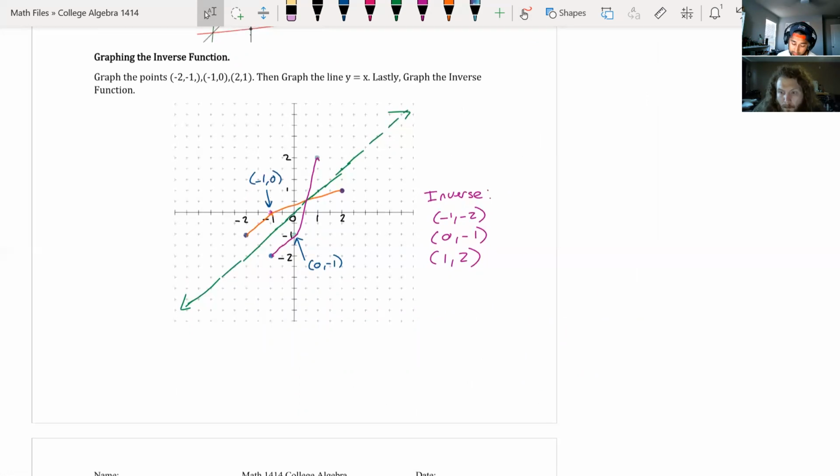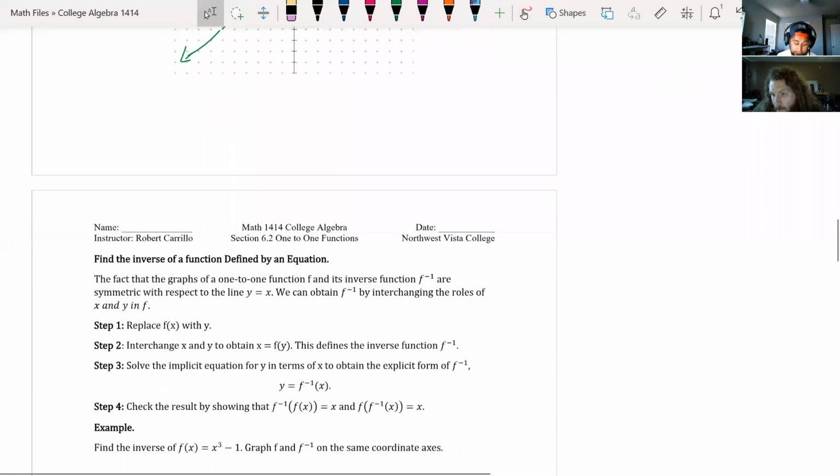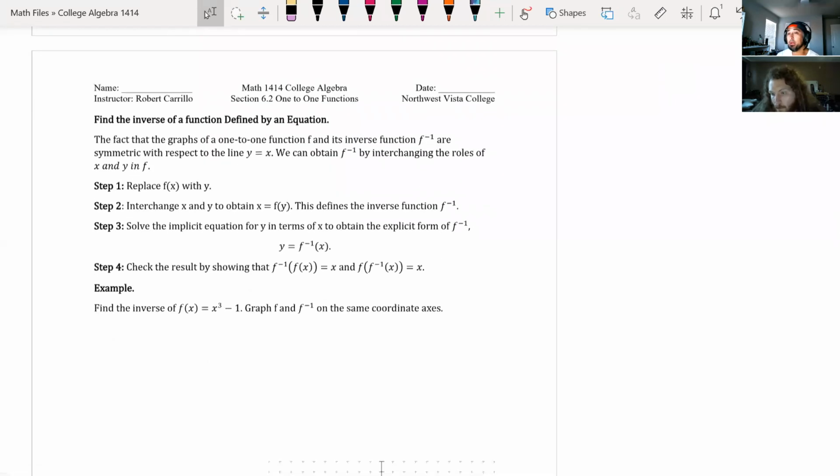All right. Now let's get into the math of finding an inverse. So the fact that the graphs of a one-to-one function and its inverse are symmetric with respect to the line y equals x, we can find the inverse by interchanging the roles of x and y. So here are a couple steps to finding the inverse, but I'll walk through them with you.